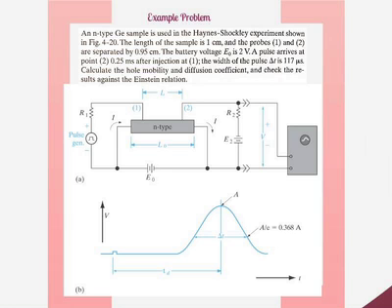Now, what is the drift velocity? The drift velocity is just the distance traveled divided by the time it took the pulse to reach that distance, right? So that's the distance traveled, which is what, 0.95 centimeters?